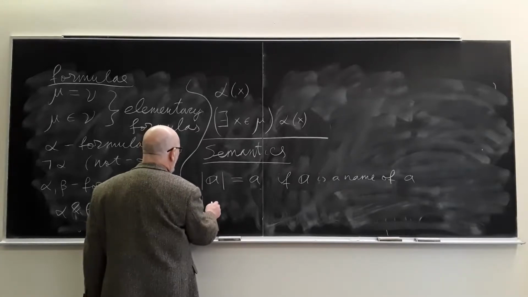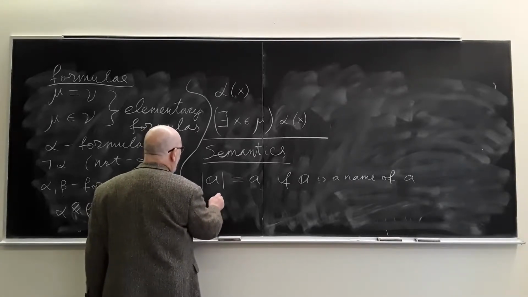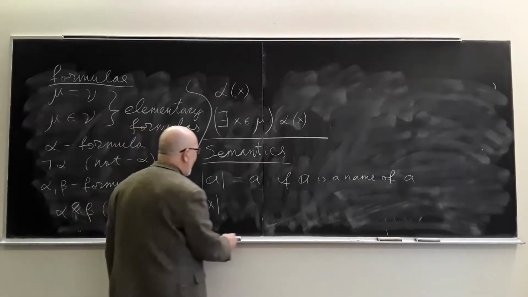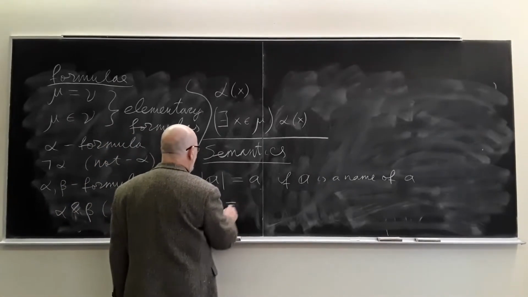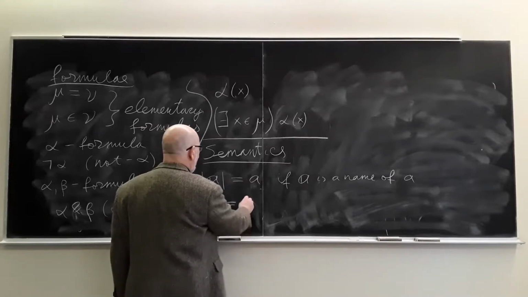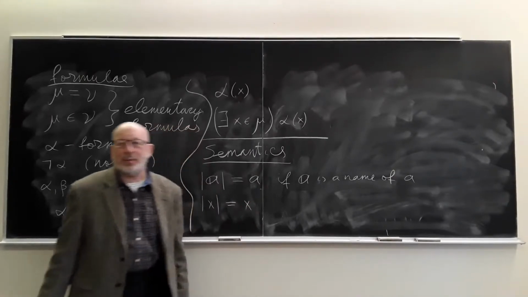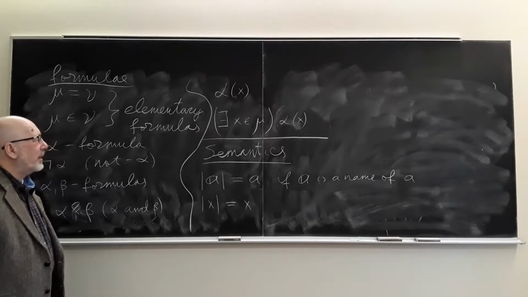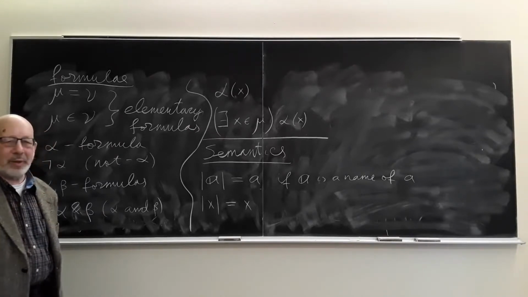The sense of, say, x is a variable, equals just x, nothing more. So x is a placeholder. When we substitute something there, it becomes a constant.